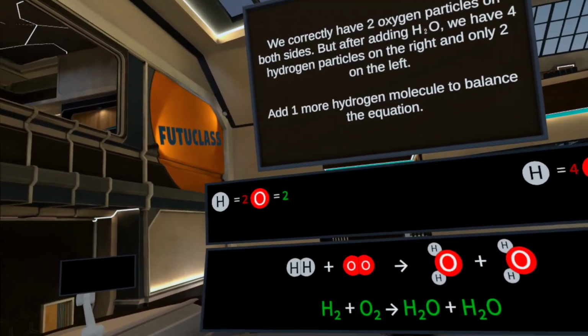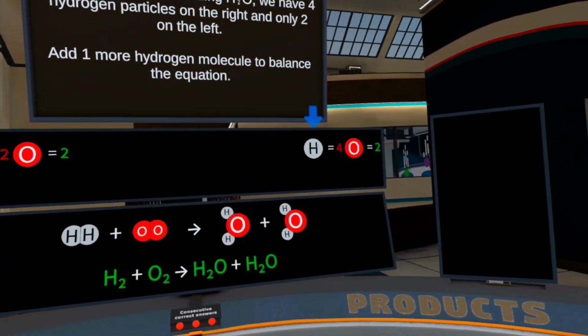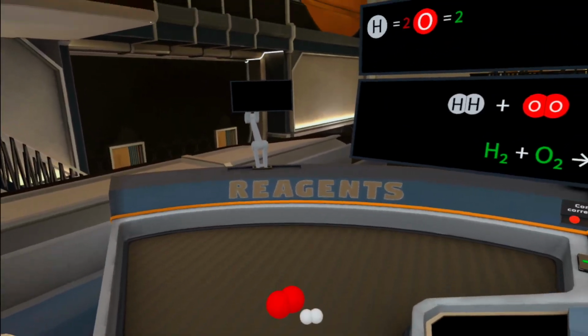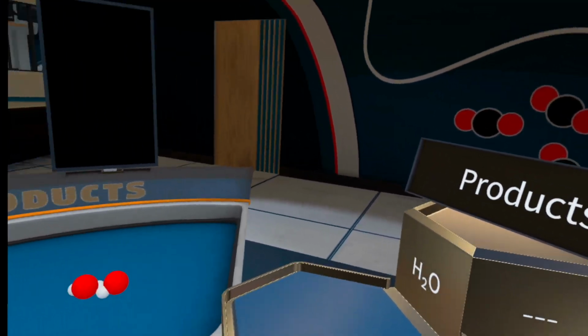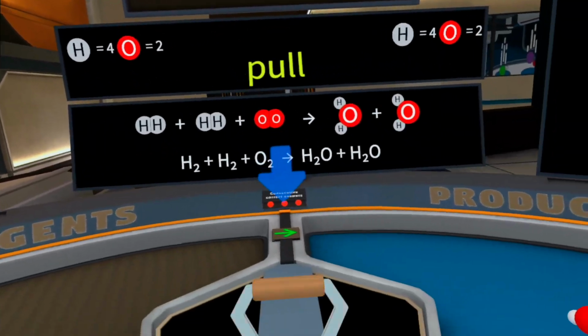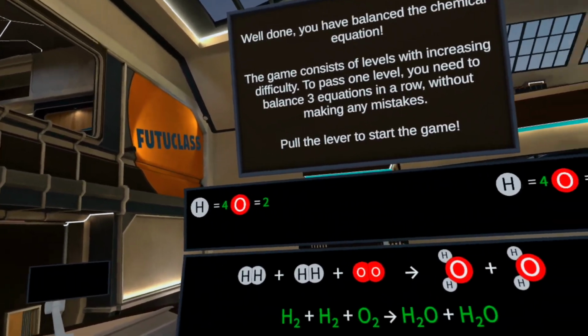We correctly have 2 oxygen particles on both sides. But after adding water, we have 4 hydrogen particles on the right and only 2 on the left. Add 1 more hydrogen molecule to balance the equation. Pull the lever. Well done! You have balanced the chemical equation.